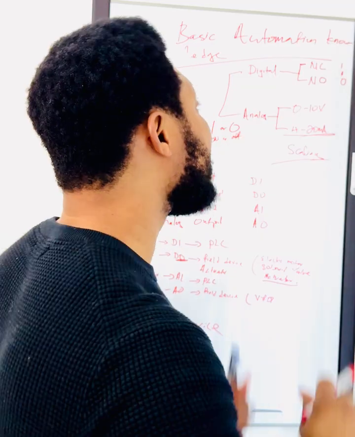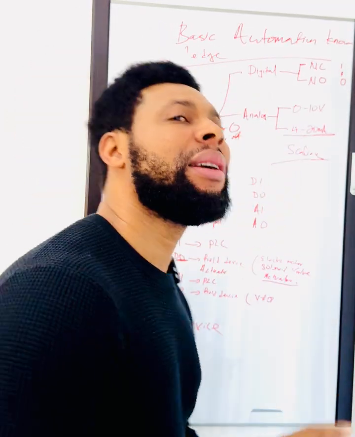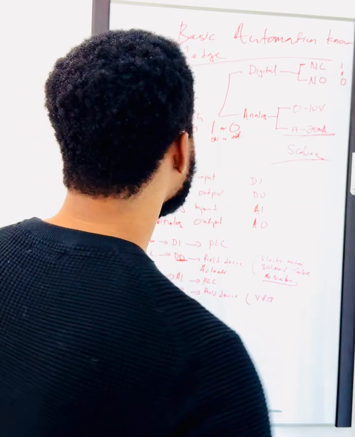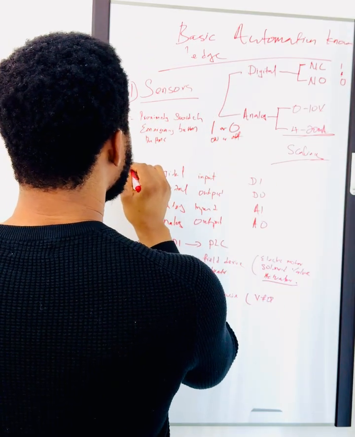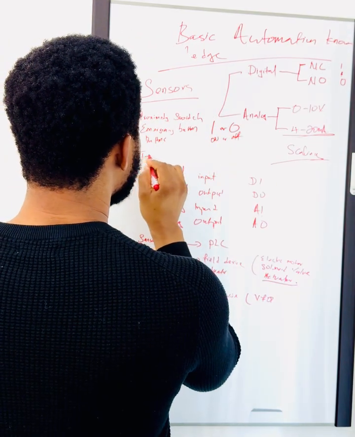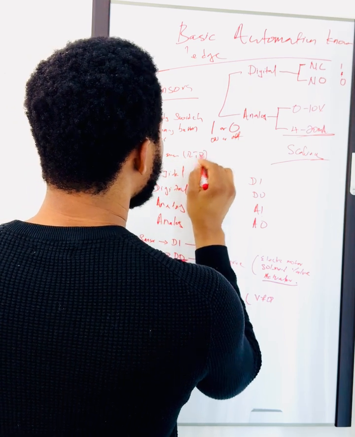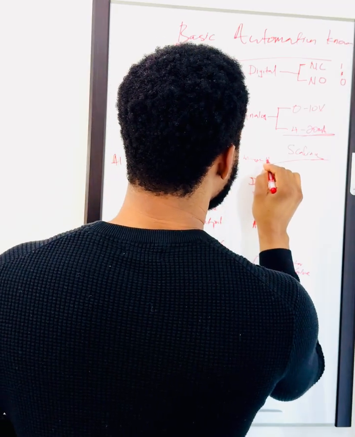Then the second type of sensor is the analog sensor, and they give you either 4 to 20 milliamps or 0 to 10 volts. For example, for analog we have temperature sensors, like your RTD. You have pressure transmitters.